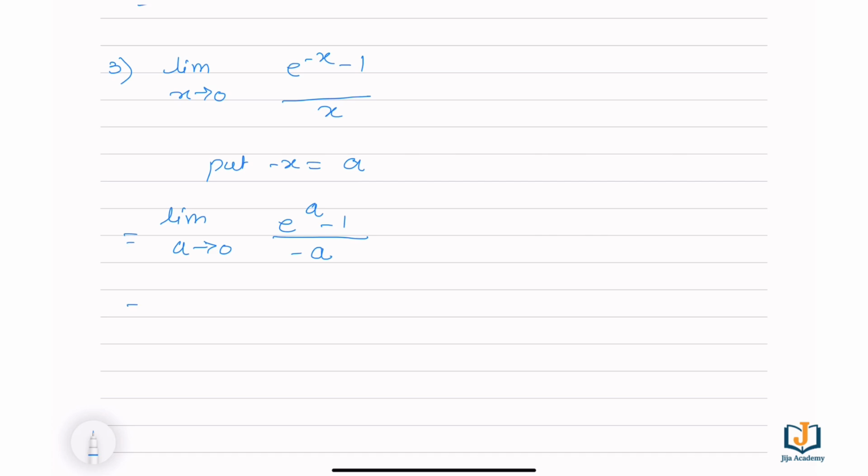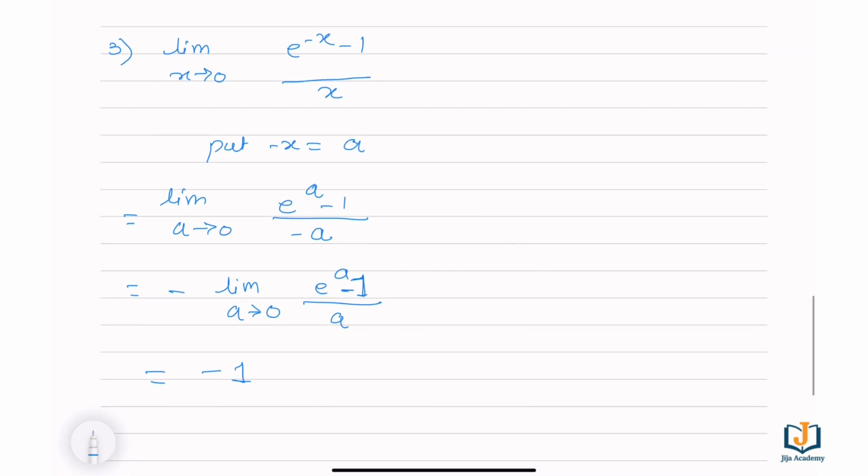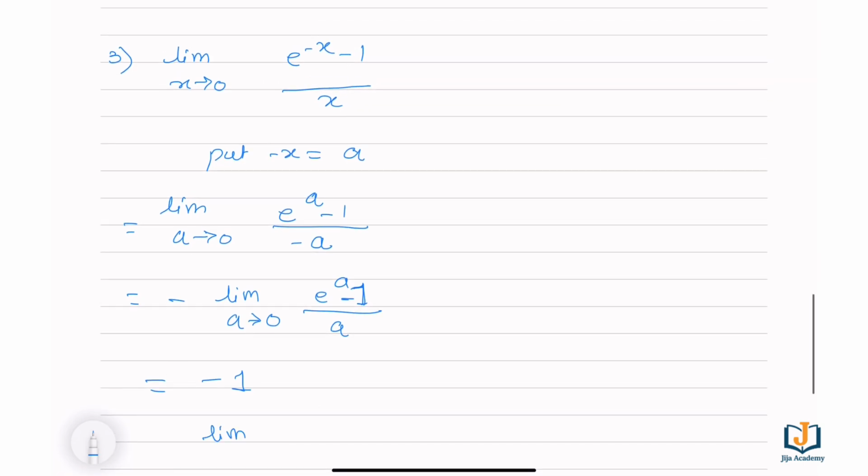So minus limit a tends to 0, (e to the power a minus 1) divided by a, and we know the formula limit a tends to 0, (e to the power a minus 1) upon a is equal to 1, so minus 1. So limit x tends to 0, (e to the power minus x minus 1) divided by x is equal to minus 1. This is the answer.